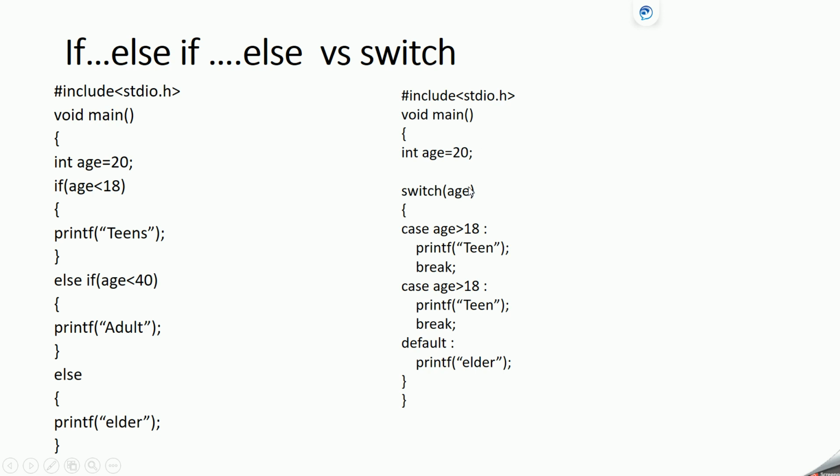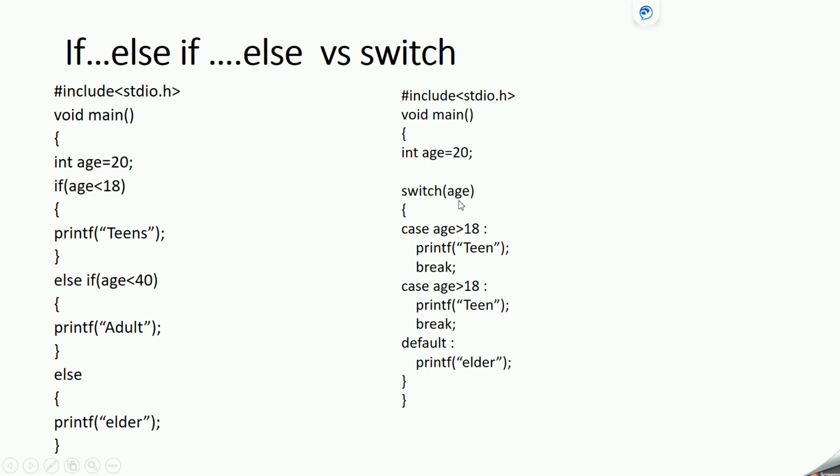To mimic this program using switch, we have to write so many cases, like for the value less than 18, we have to write 17 cases, like case 0, case 1, 2, 3, 4, 5, like that. That makes the code very big, and this range checking is not possible in case.